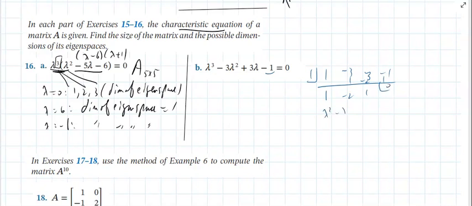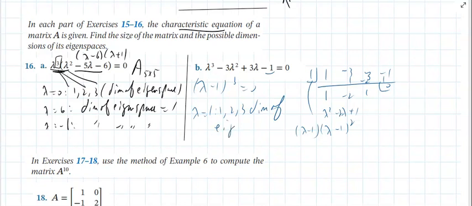That is lambda squared minus 2 lambda plus 1. That's lambda minus 1 squared times lambda minus 1. So here I have lambda minus 1 cubed equals 0. So lambda equal 1 could have 1, 2, or 3. Those could be the dimensions of the eigenspace.